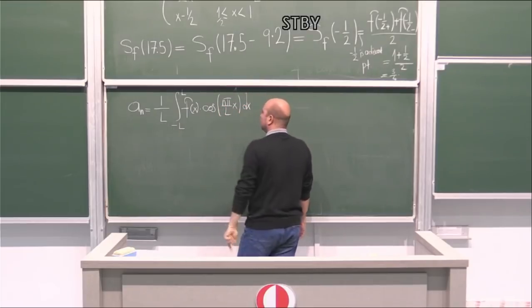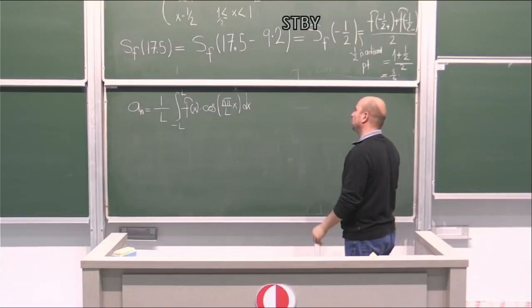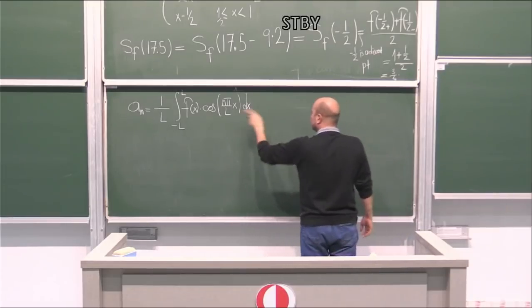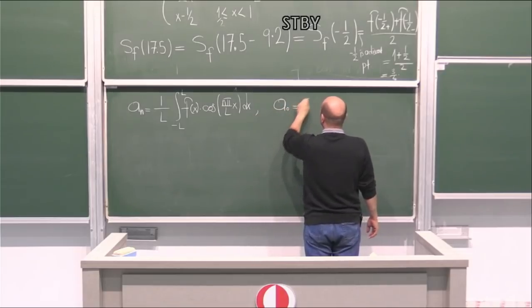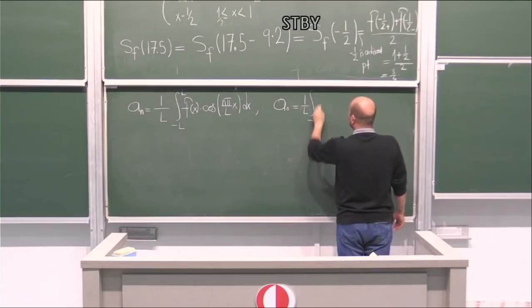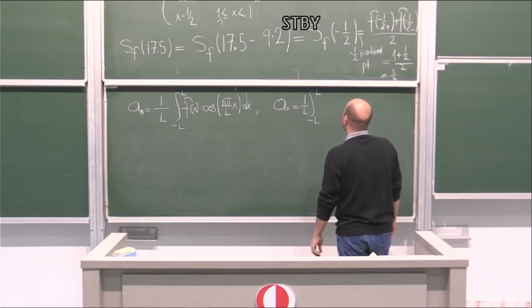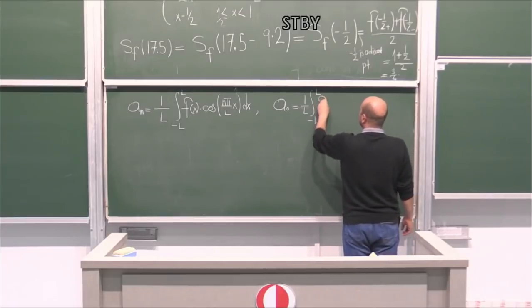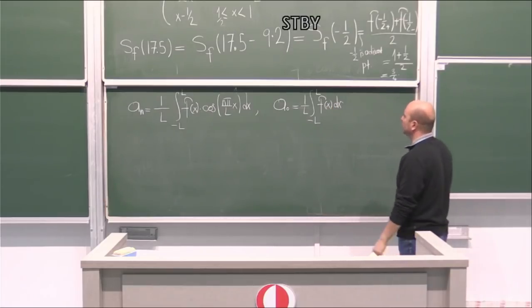So this integral will give you the coefficient n. When n is 0, as a special case, this is the integral from minus L to L of the function, because cosine 0 is 1.